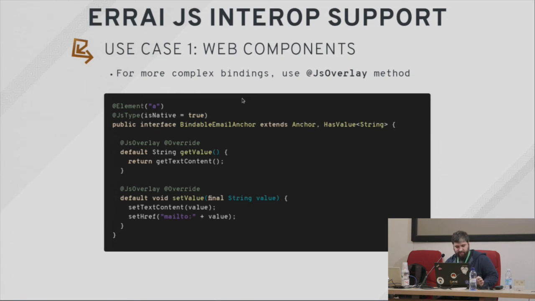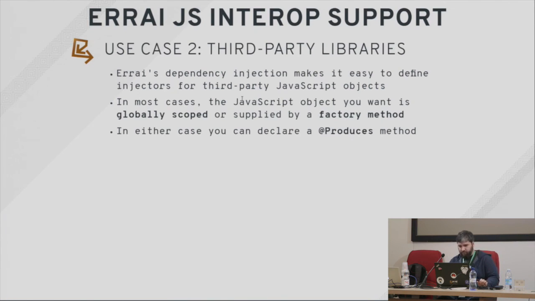When Errai sets the value for this, you can see we've added a JS overlay implementation that sets the text content of this element to the email address, but it also creates a mailto link. So this is an example of how you can add more complex data binding behavior.